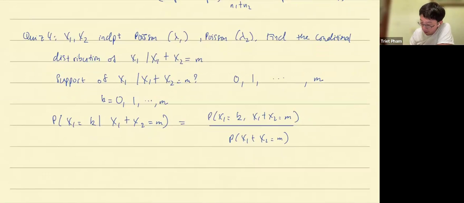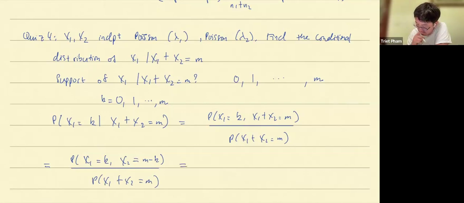And then exactly the same technique, and then using the fact that they're independent to give us the product: e to the minus lambda 1 times lambda 1 to the k over k factorial, times e to the minus lambda 2 times lambda 2 to the m minus k over m minus k factorial.